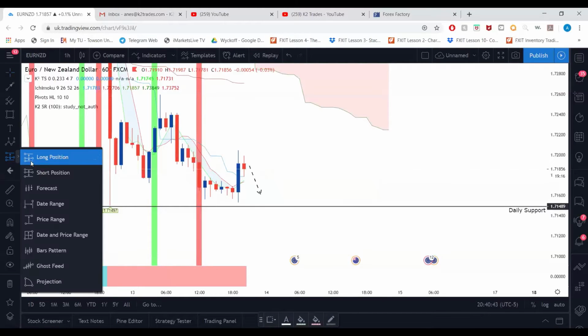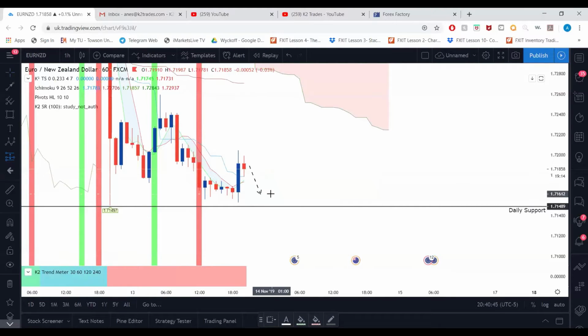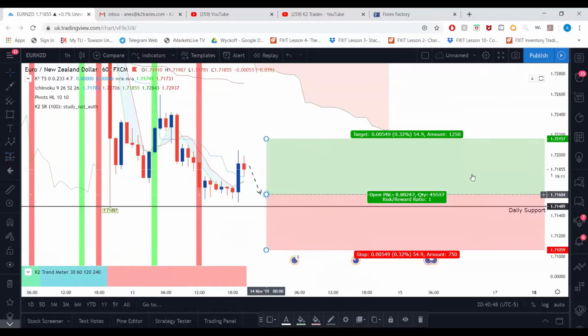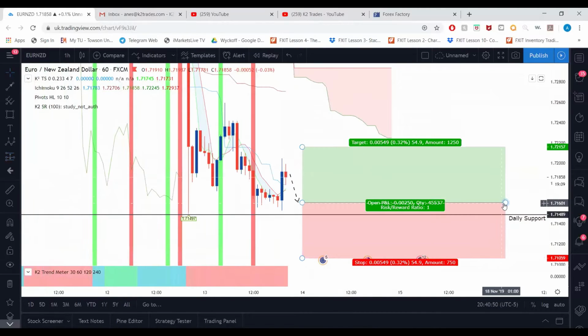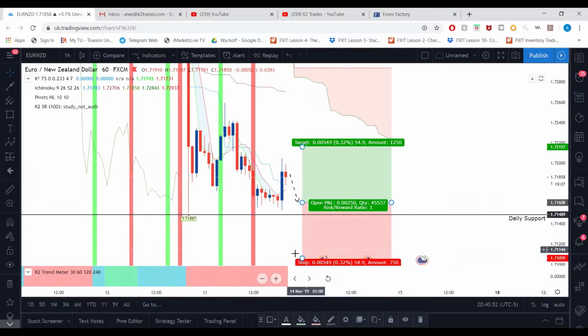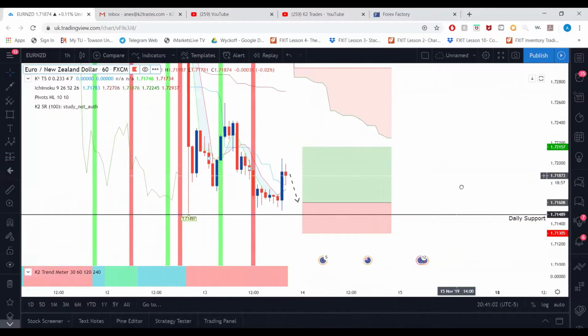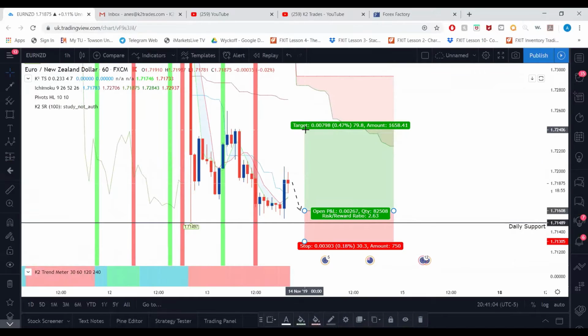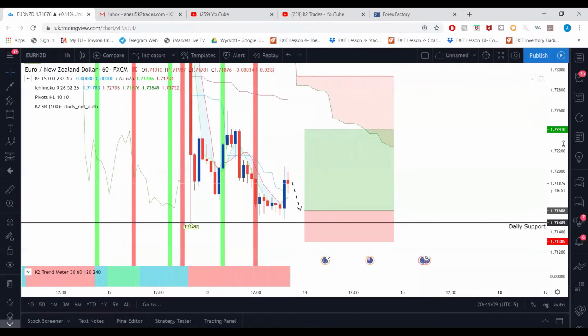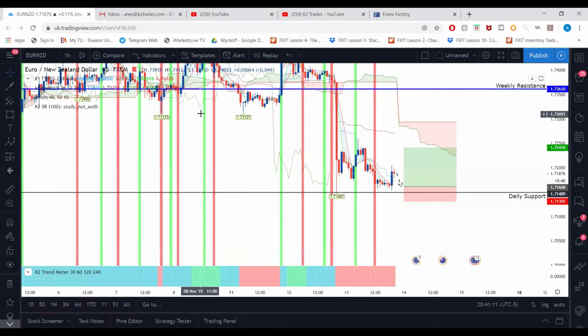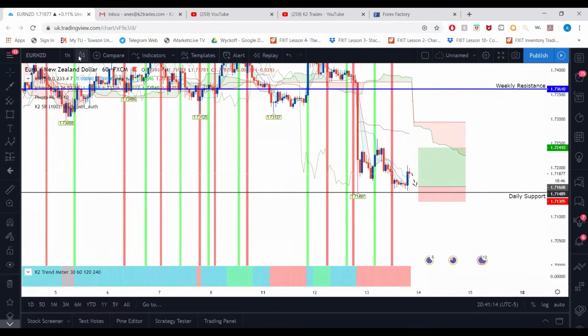So my long position here would be from, let's say, right here, and I'll probably risk, let's say, 30 pips, and the least I will target is 80, right? But there's possibility for this to go even higher. Let me just go back on 4 hour.